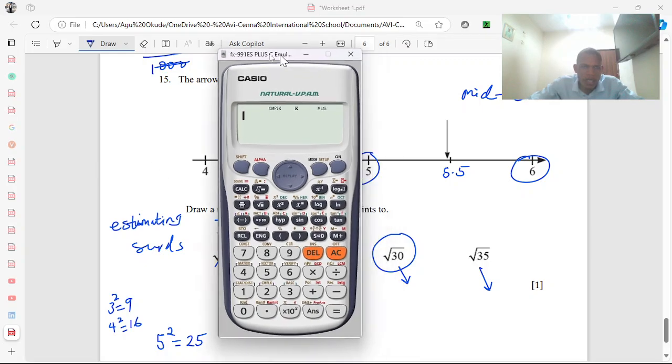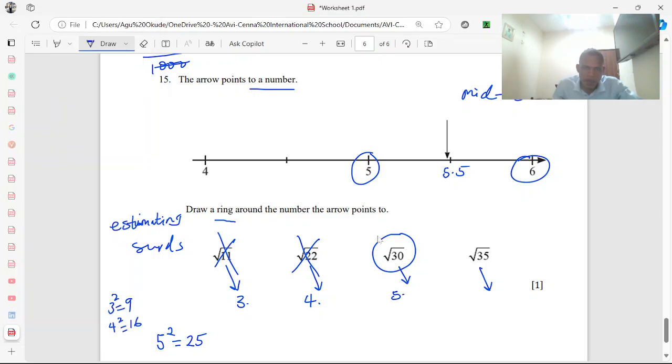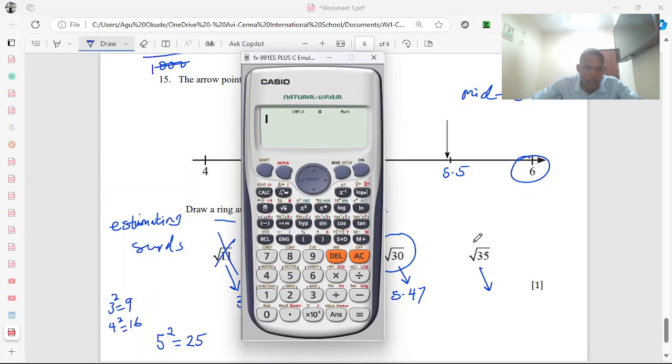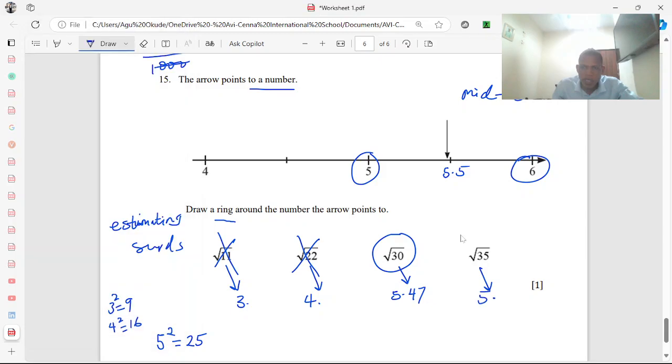If I take the square root of 30, what I have here is 5.47. Okay, then if I take the square root of 35, what I have here is 5.92, right? So I have 5.92.